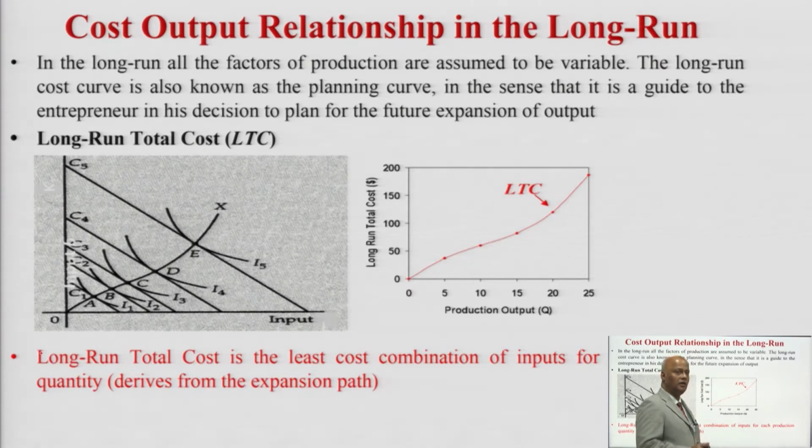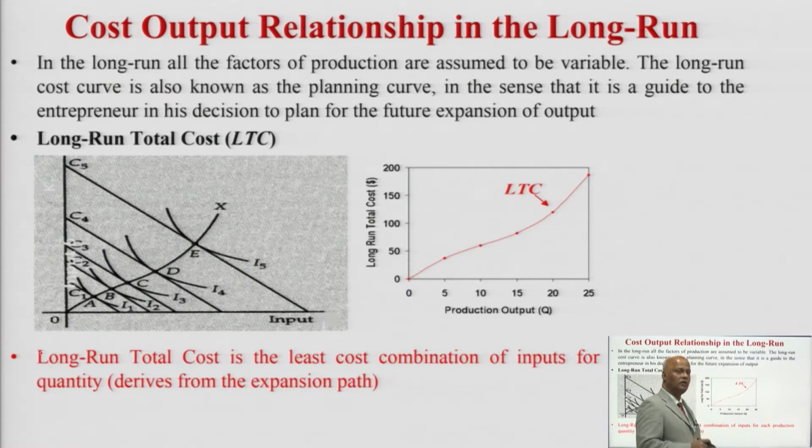If a business firm wants to expand your business or start a new business, then you can completely set up another plant, you can purchase another piece of land, you can construct another building, you can purchase another machine.